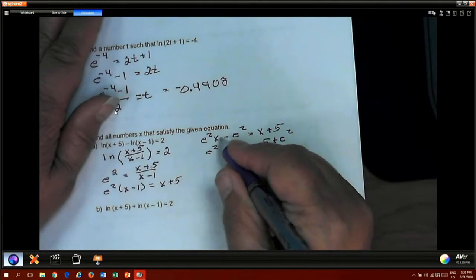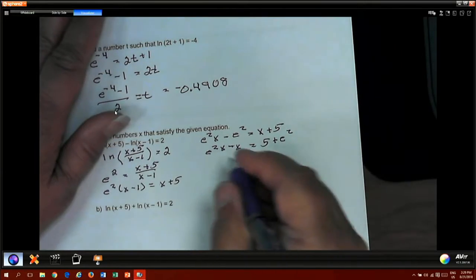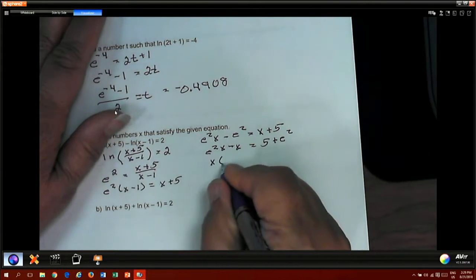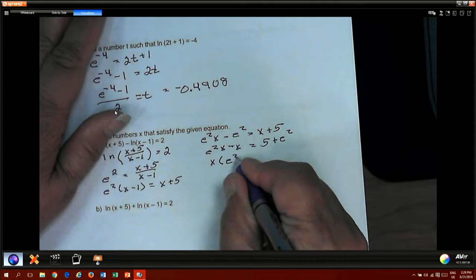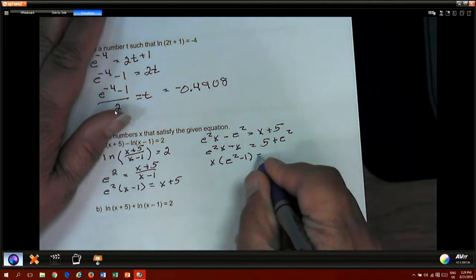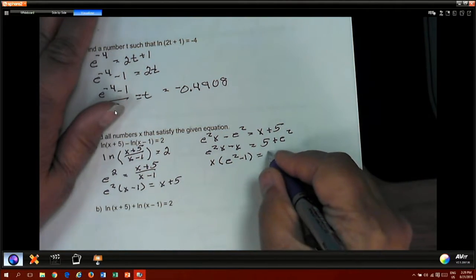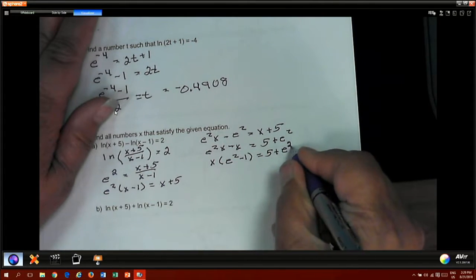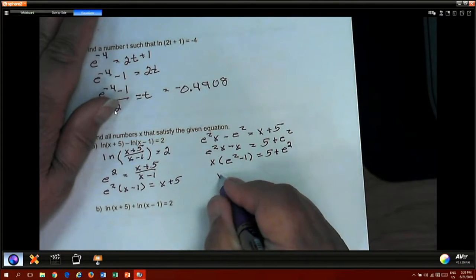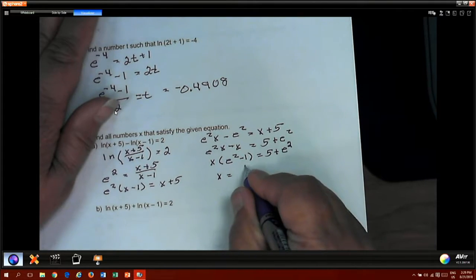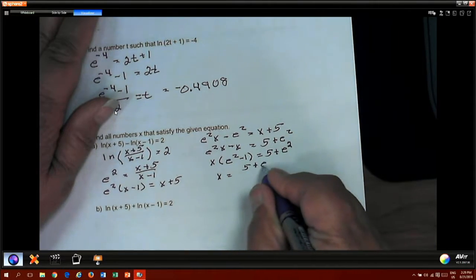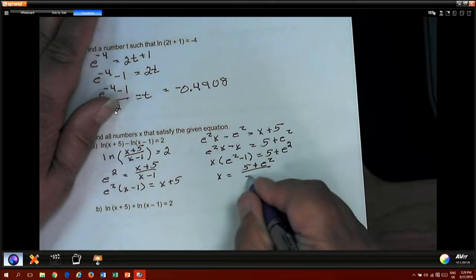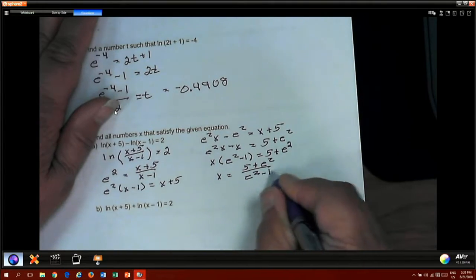We subtracted the x, we added the e squared. Factoring out an x, we have x times e squared minus 1 equals 5 plus e squared. So x is 5 plus e squared over e squared minus 1.